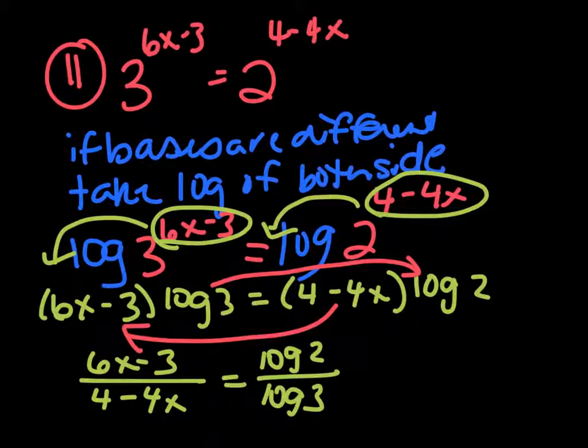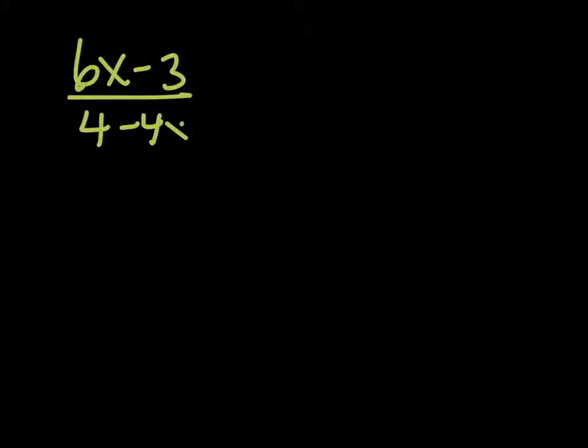And hold on, let me write that down because I'm going to need to put this on the next screen. I ran out of space. Okay, let me rewrite what we had on the last screen. You had 6x minus 3 over 4 minus 4x equals log 2 over log 3.